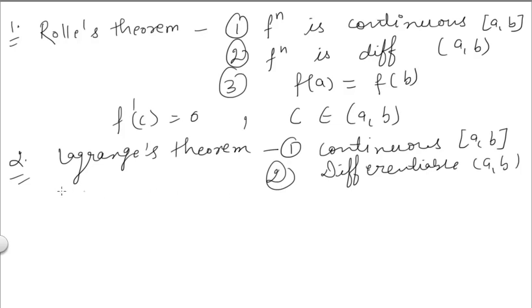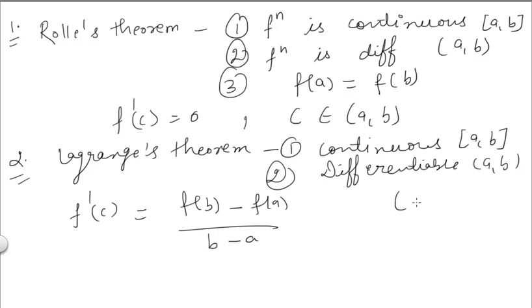If these two conditions are satisfied, we write f dash c equals f of b minus f of a divided by b minus a, where a and b are the values in the interval given in the question. From here also we find c, which belongs to a comma b. Clear? So this is how you are going to solve Rolle's theorem and Lagrange's theorem.